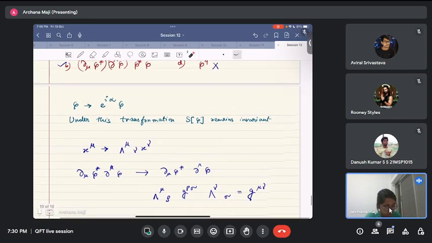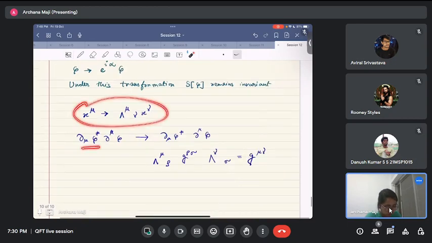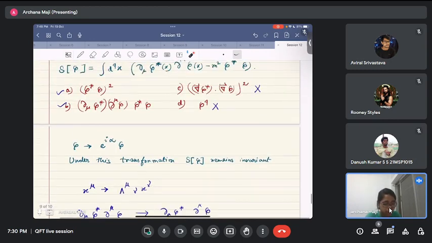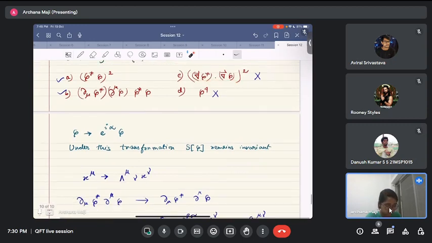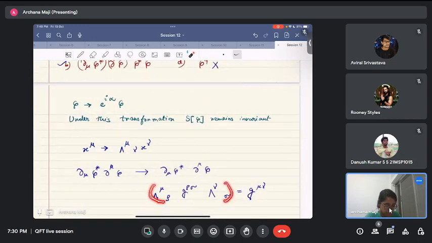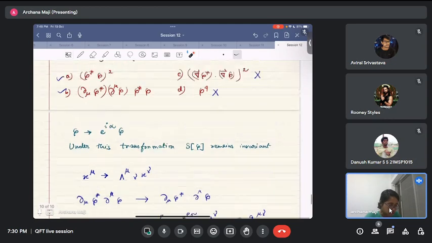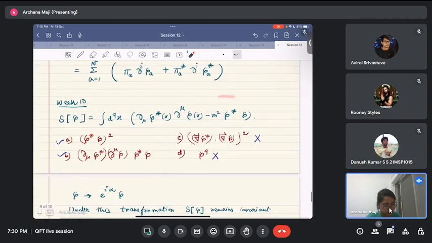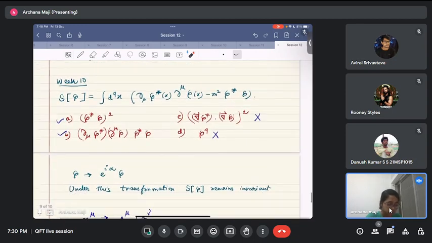So when you perform the Lorentz transformation for a term like this, you get this kind of a combination, and that you can replace with this g, and that gives you back del mu phi star del mu phi. But that will not happen for this term. If you perform Lorentz transformation for just the gradient part of it, you will never get a combination like this. So that's why that term you cannot add, because it doesn't remain intact under Lorentz transformation.